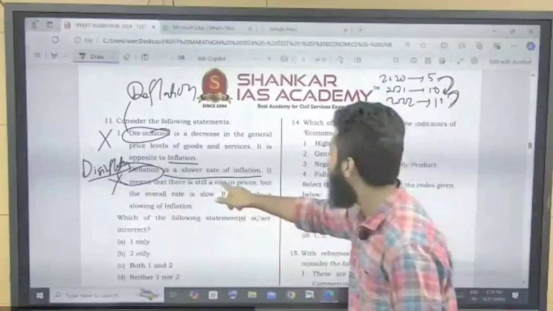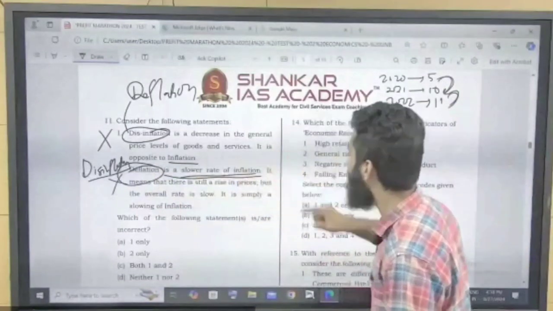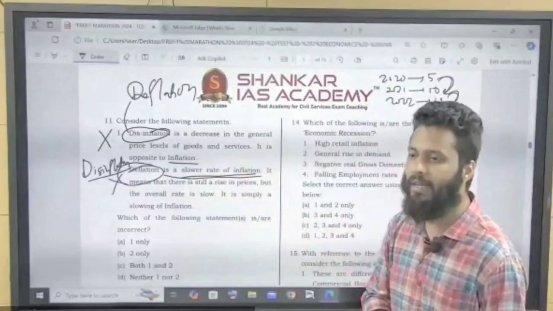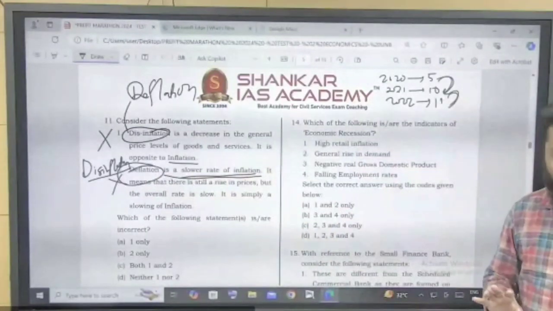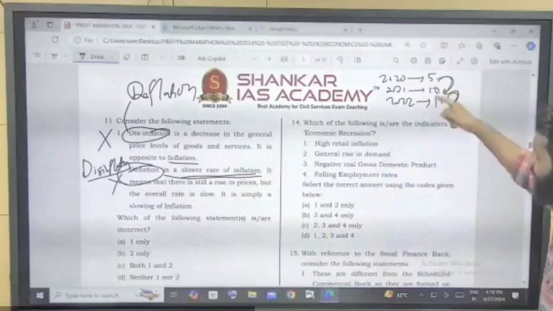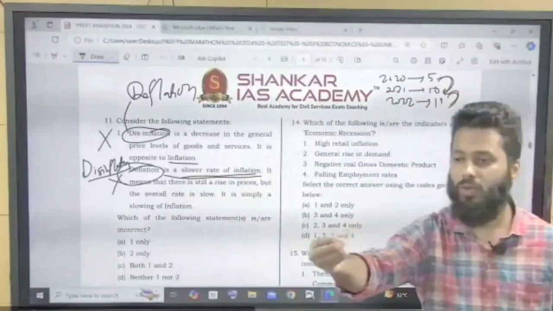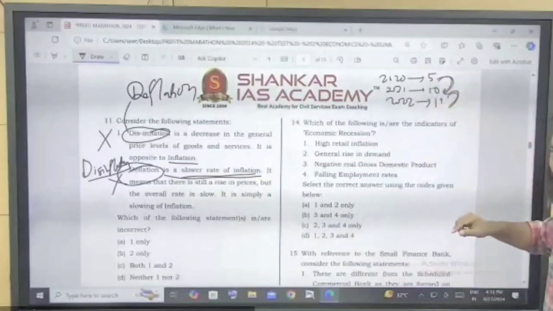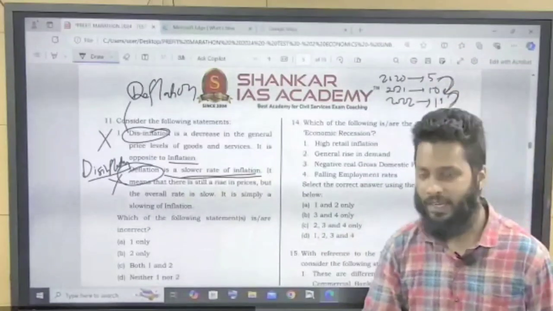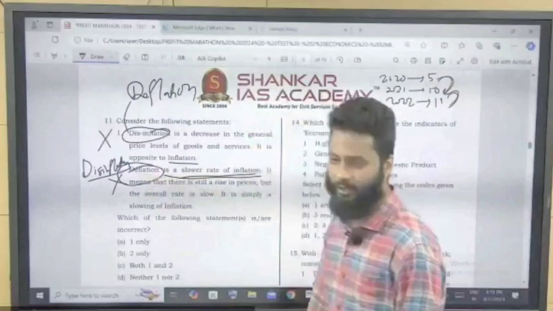It is happening at a slower rate of inflation. Inflation is still there, but the rate is slow. Understood? From 10 rupees, it has increased to 11 rupees. Inflation is still there, but the rate has decreased. So since the rate has decreased, it is known as disinflation.